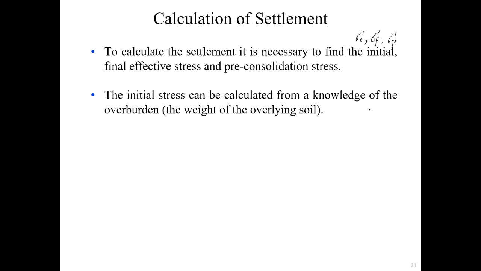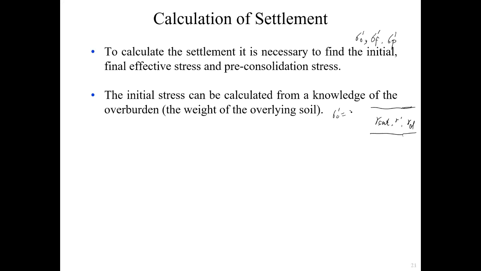Normally for this type of question, the unit weight of the soil, whether it is gamma sat, gamma prime or gamma d, is given. So you are able to work out the initial sigma O prime, the initial vertical effective stress.